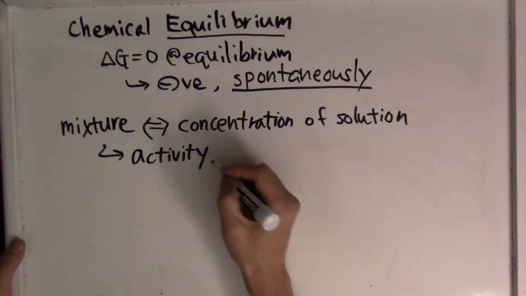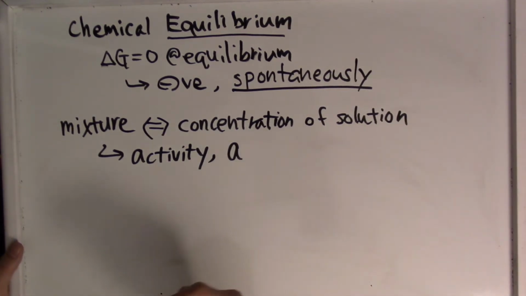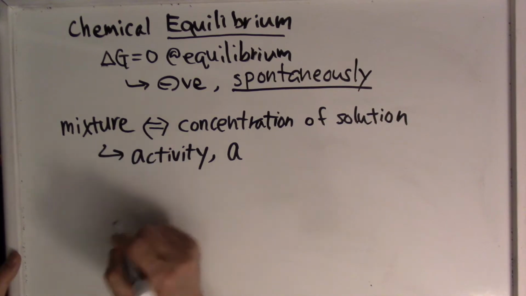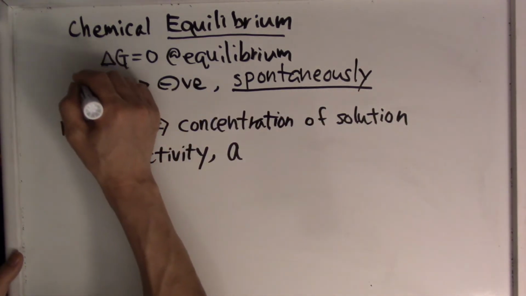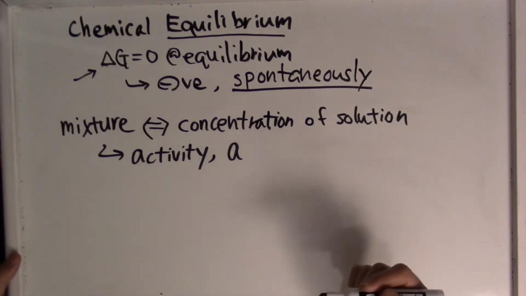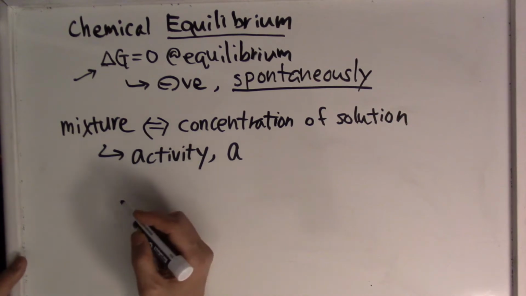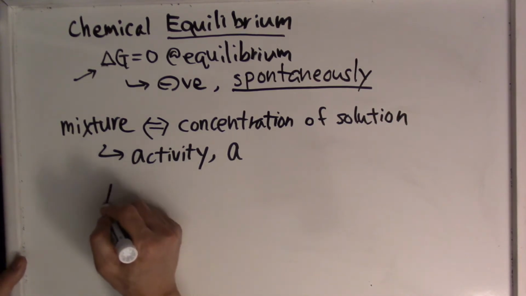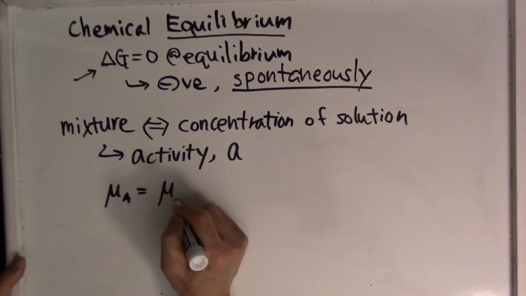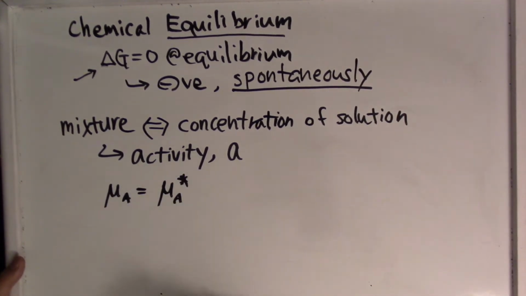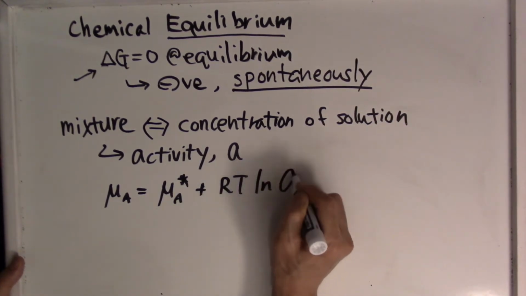In the previous chapter, activity has something to do with concentration, but also something to do with the vapor pressure. We also have talked about the single component delta G. It's sort of like a partial delta G, which is chemical potential. So chemical potential of a species A is equal to chemical potential of species A when it's pure plus RT natural log of activity of A.